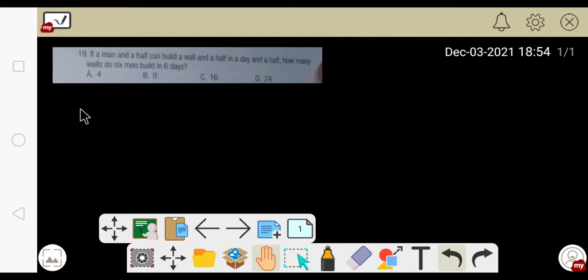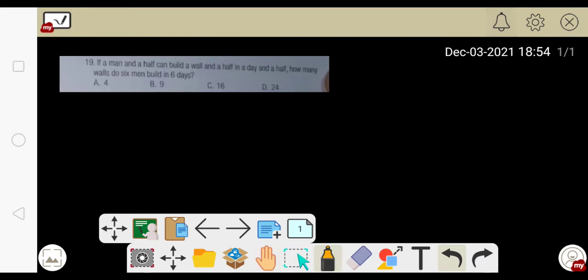So let's say these variables, we have a man, wall, and a number of days.